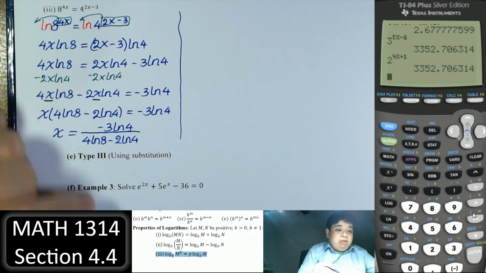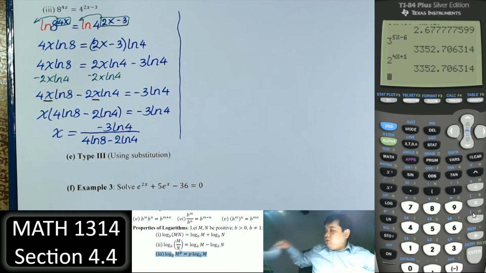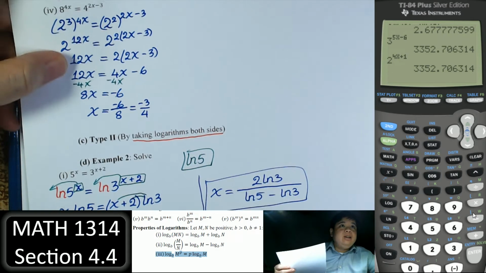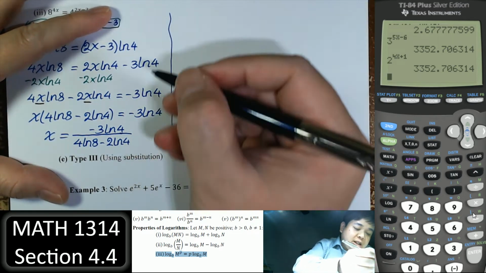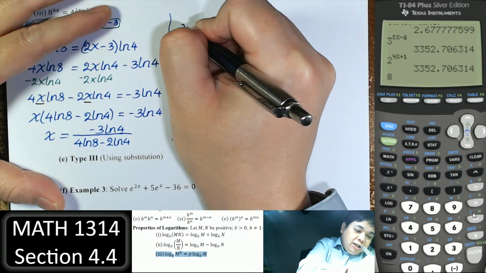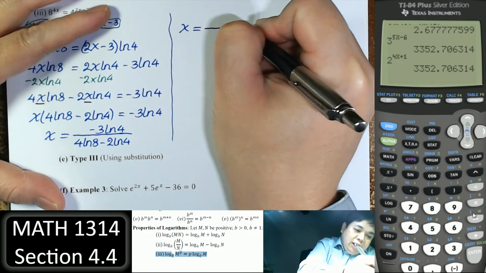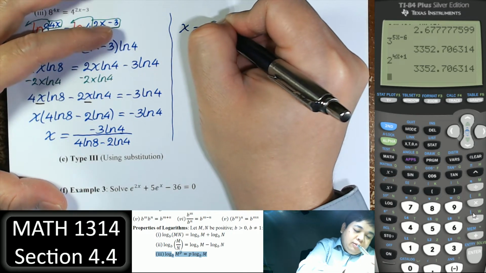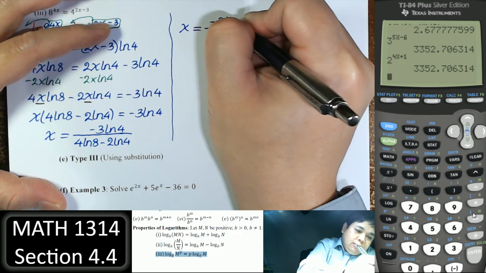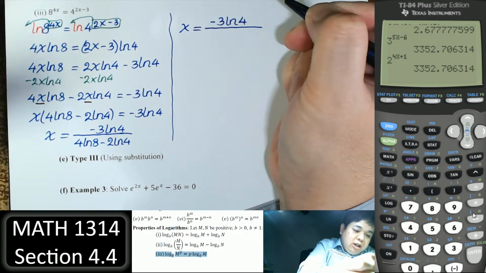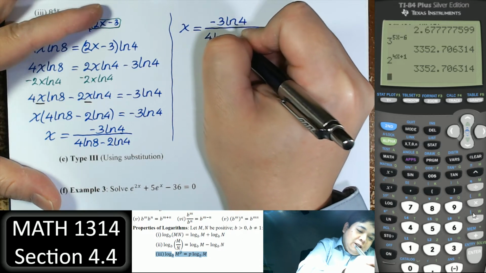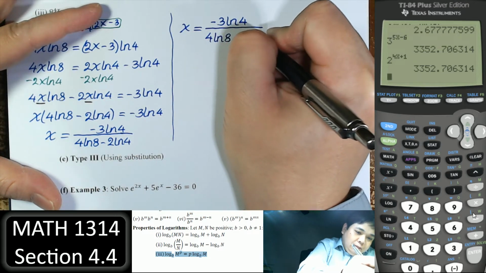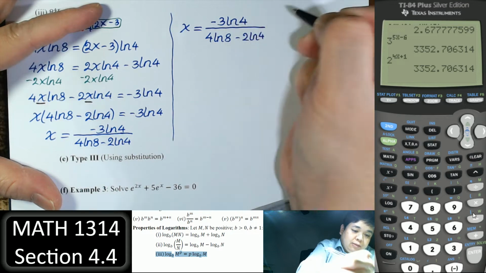If we want to simplify this to negative 3 over 4, like what we had earlier, certainly we can do that. So first, negative 3 ln of 4. If we want to, we can just leave it like that. Right.